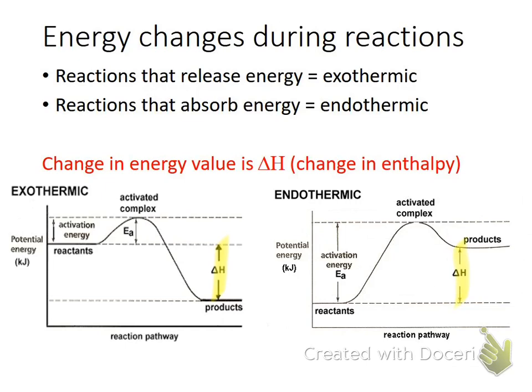The only difference between them is the sign of that difference. In this case, we have a negative delta H. Now, in this case, we have a positive delta H. But numerically, they should be the same. It's the same difference between their energy values.